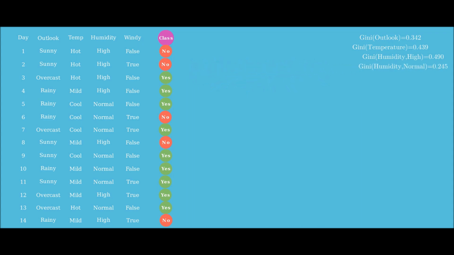Now the weighted average of Gini index would be calculated, and that would be equal to 0.367.